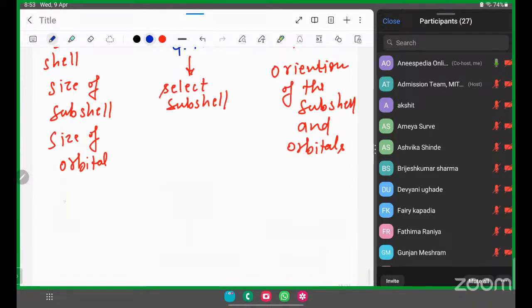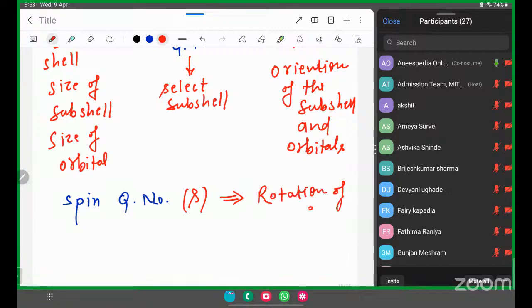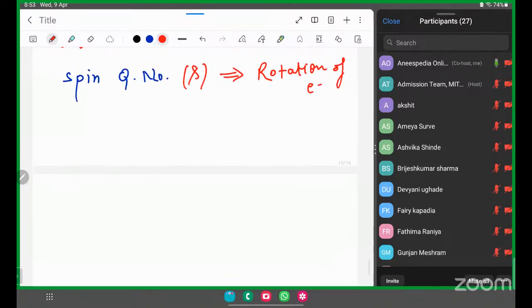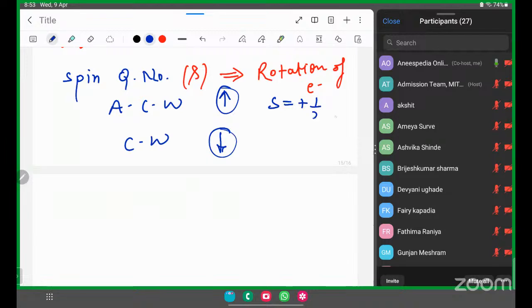The last one is the spin quantum number, given by S. Its job is to tell us about the rotation of the electron, in which direction it is rotating. It may be anti-clockwise or clockwise. For anti-clockwise we take upward, with plus 1 by 2. For clockwise we take downward, with minus 1 by 2.